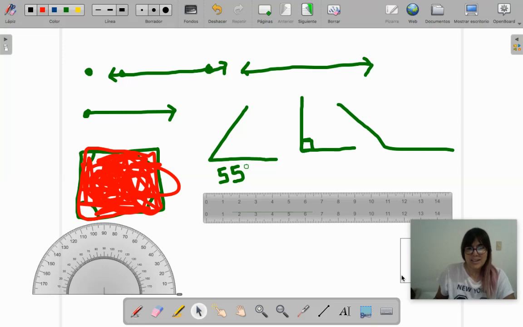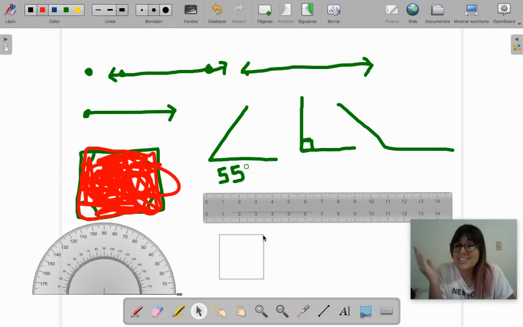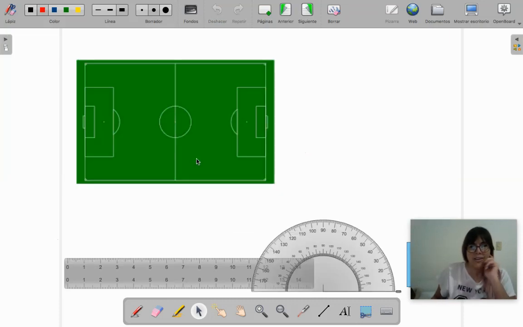Okay, that's why here I had another shape more pretty. So I want you to think. This is the check what you know. Or also not exactly what you know, but maybe see if you can think of how to do it. So imagine, I have here on the next page, a soccer field, okay?